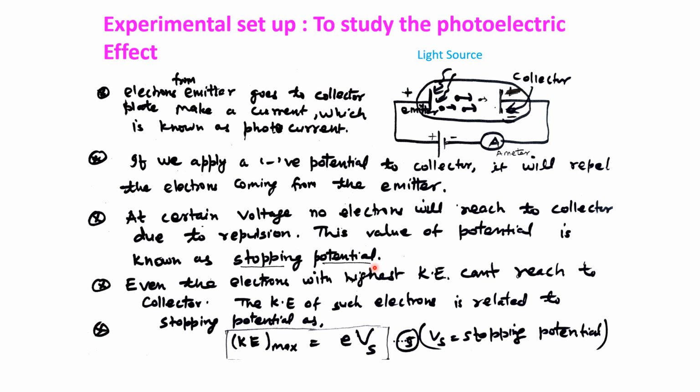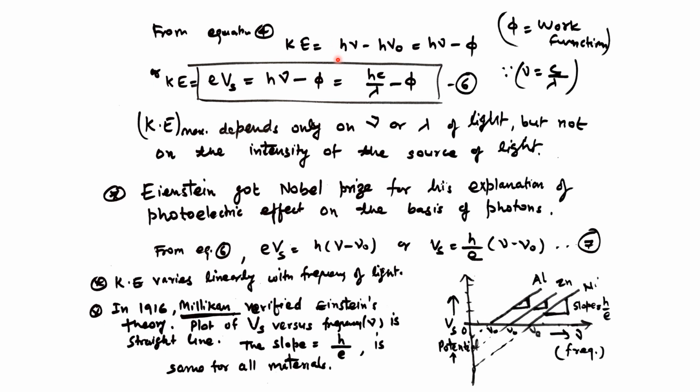This potential at which we get zero current is known as the stopping potential. The kinetic energy of electrons is related to the stopping potential as e into Vs, where e is the charge of the electron and Vs is the stopping potential or voltage. So from here we can measure the kinetic energy of these electrons. And here the kinetic energy, from Einstein's equation, equals h nu minus h nu naught, or h nu minus phi, where phi is the work function.